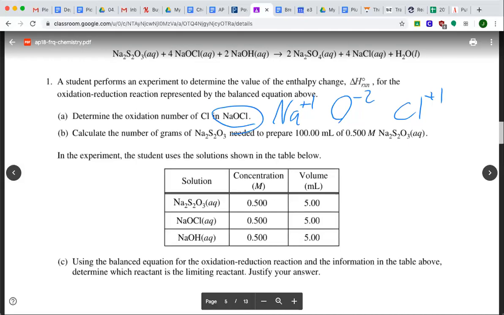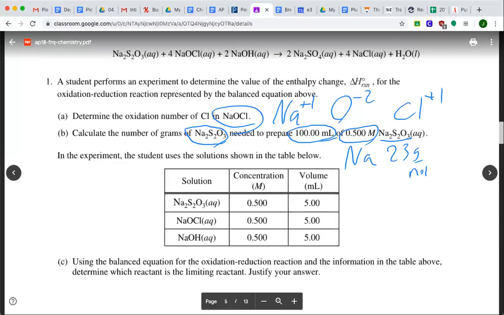All right, part B, calculate the number of grams of this needed to prepare 100 milliliters of 0.5 molar Na2S2O3. Okay, so first we need our molar mass of Na2S2O3. So what's that going to be? So sodium has a molar mass of 23 grams per mole.